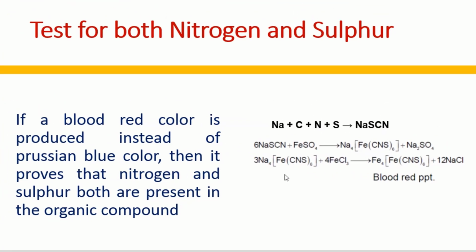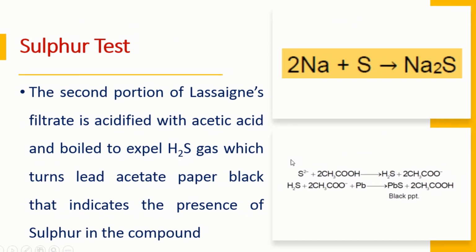Then if there is a compound which has no nitrogen, we will test for the sulfur separately. For the sulfur, we know that the sodium, if sulfur is present, will react with the sulfur and make sodium sulfide. Now, what we will do, the second portion of the Lassaigne's filtrate is acidified with acetic acid and boiled to expel H2S.